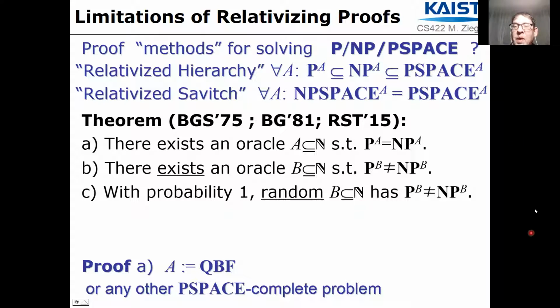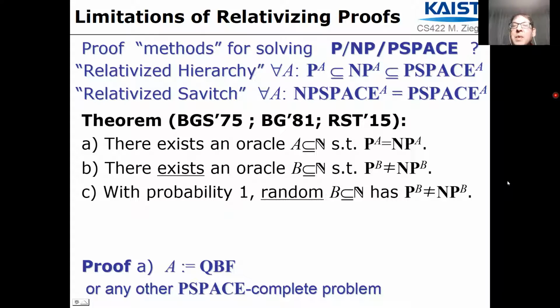Well, probability 1, of course, does not mean for every possible oracle, but it means that the set of oracles for which P is equal to NP must have measure 0 and must therefore be a very small set. Keep in mind that we can recover the non-relativized case always by using the trivial oracle, for example, the empty set as an oracle.